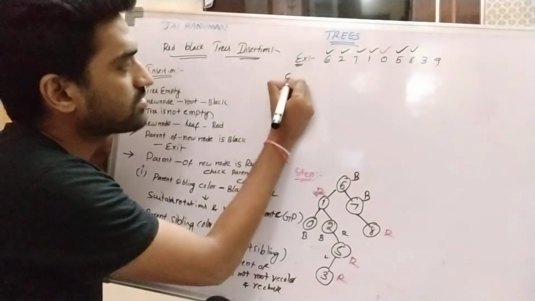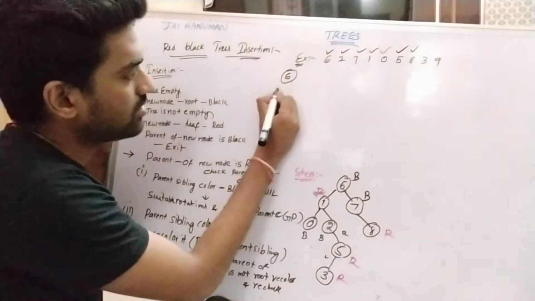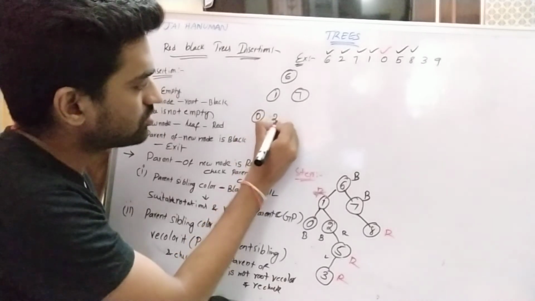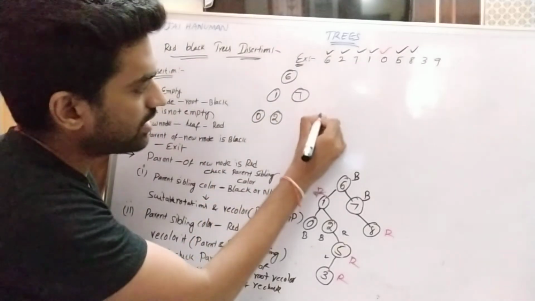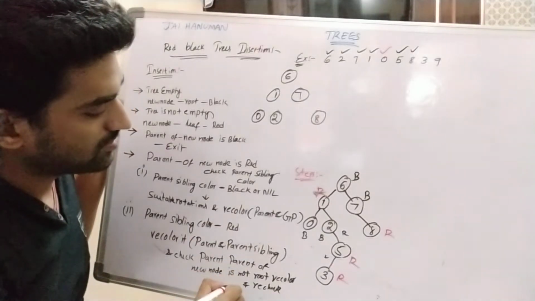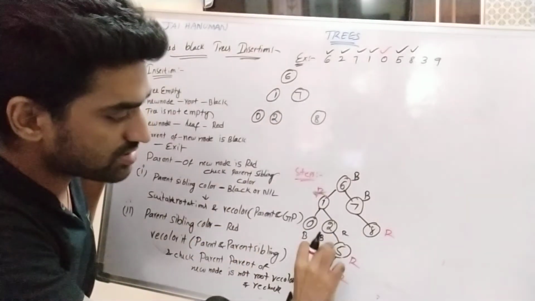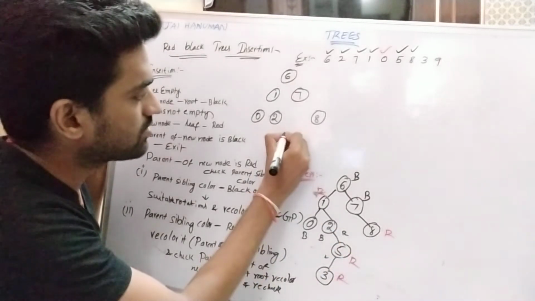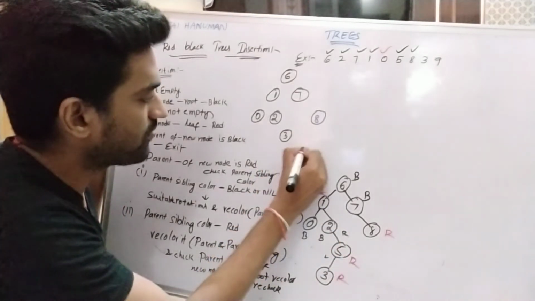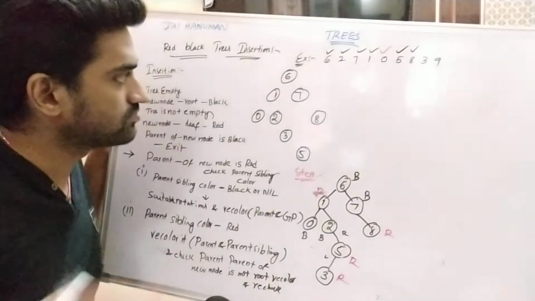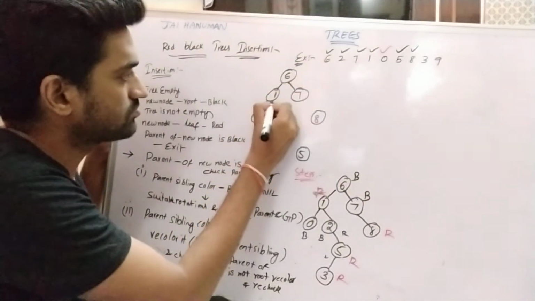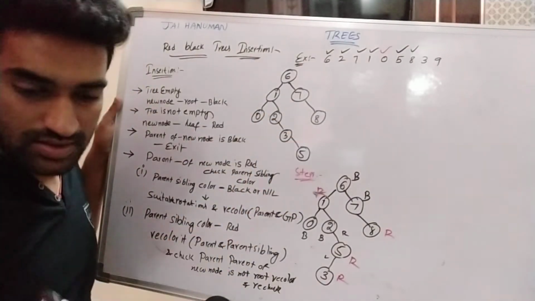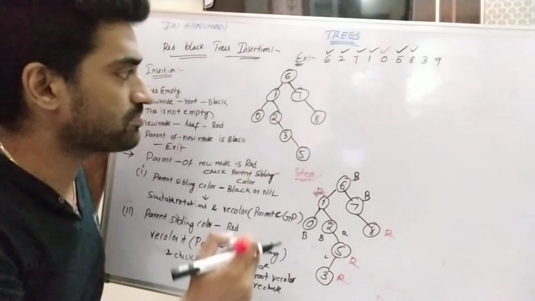Now the tree becomes like this: 6, 1, 7, 0, 2, 8, moving towards the right, that is 3, 5. So the first step of the RL rotation has been completed.